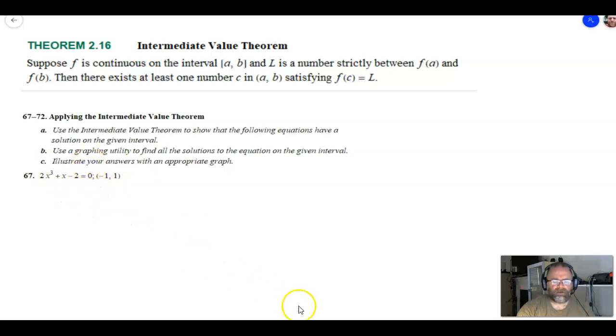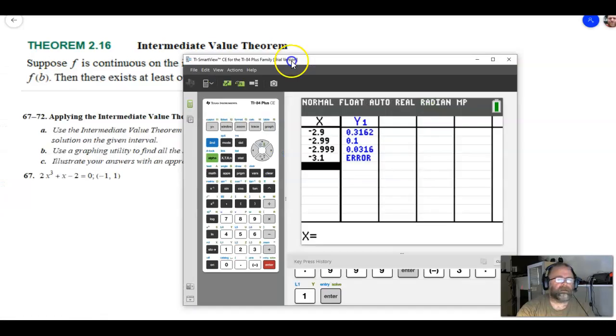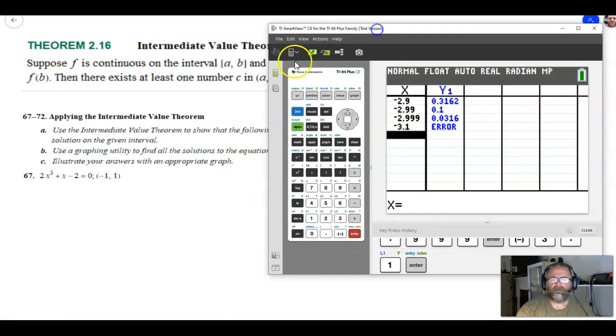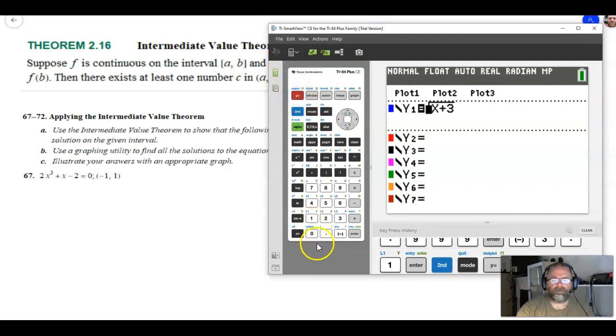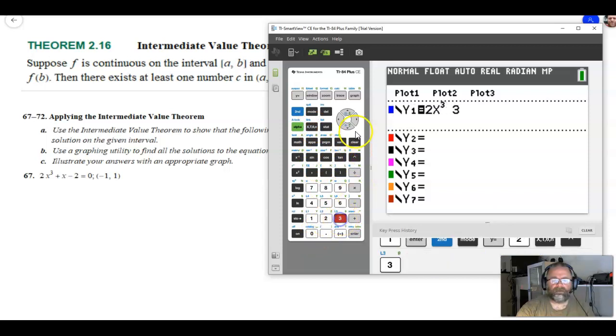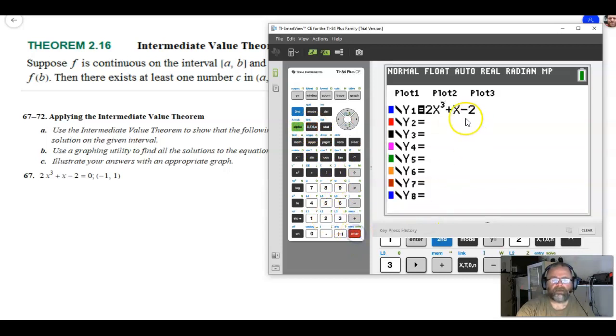And then we're going to use a graphing utility here. So let's go ahead and pull up the graph. So y equals, and then we're going to put that into 2x cubed plus x minus 2. And so there is my function.